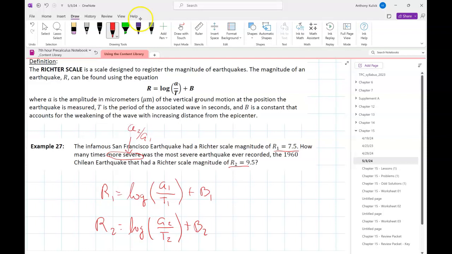So right away, I know I have a value for R1 and R2, right? It tells me them in the problem. And now remember, what does the B represent? The B was that correction factor for how far away the tool is from the epicenter, right?